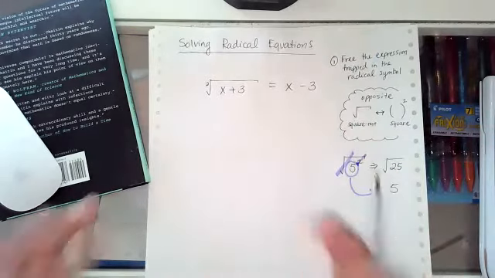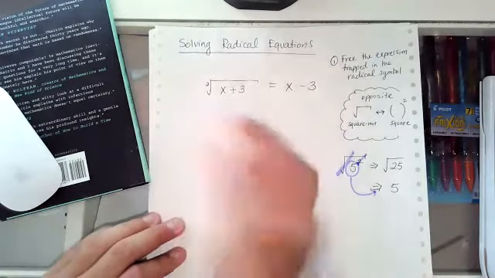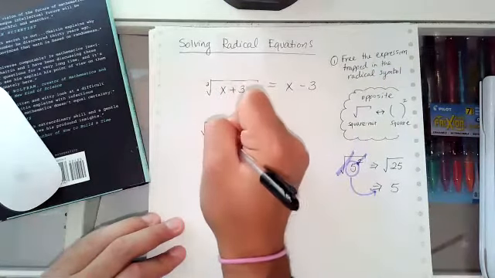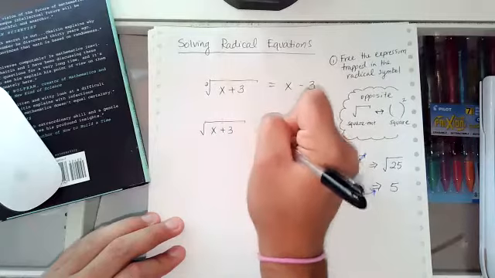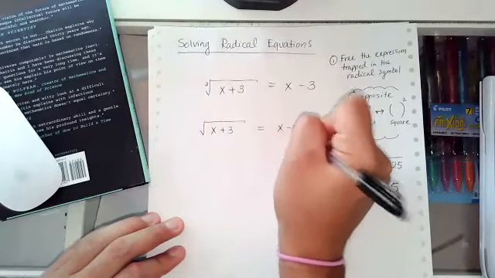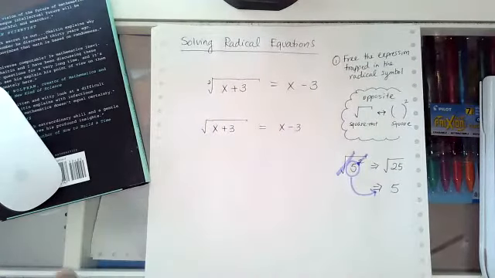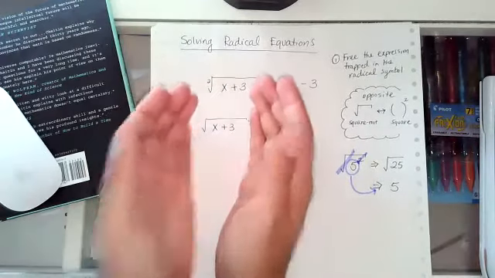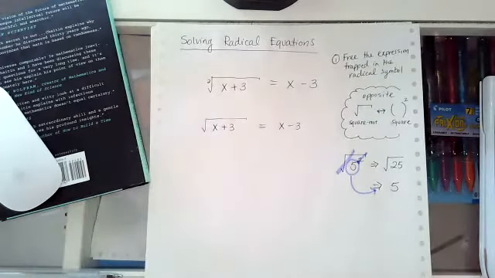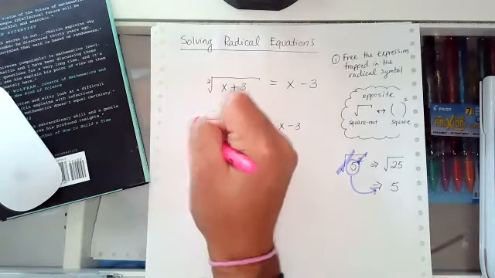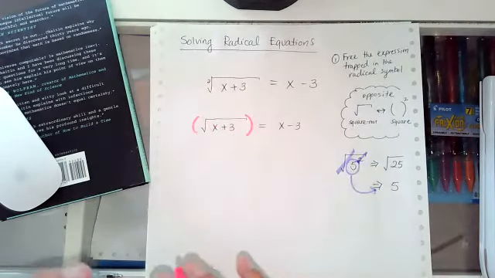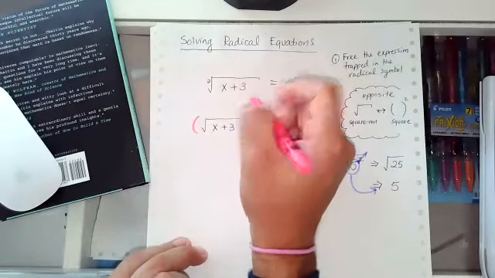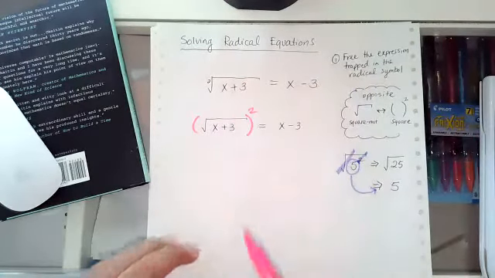But it's not a single number. It's a polynomial expression that's in the square root. But we can treat it the same way. So we have x plus 3 in here and x minus 3. And so if we want to cancel out this square root on this side of the equation, what we'll do is wrap this side of the equation in parentheses and raise it to the second power, because the second power will cancel out the root.